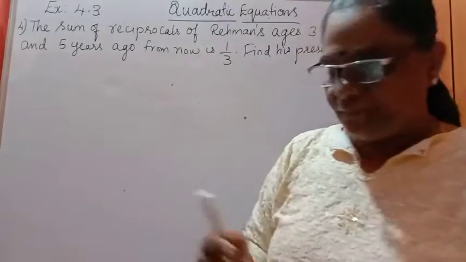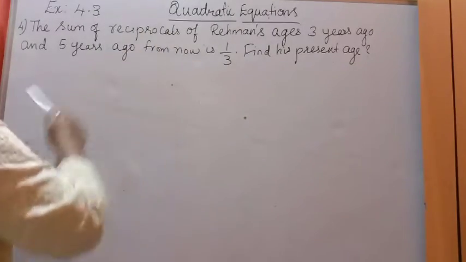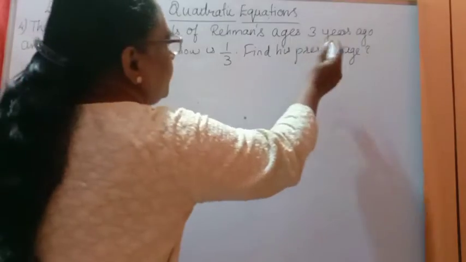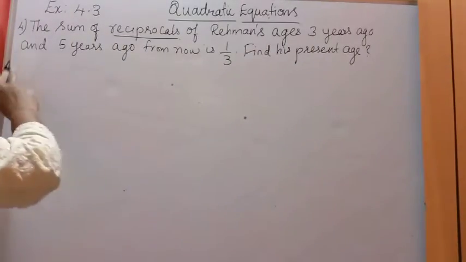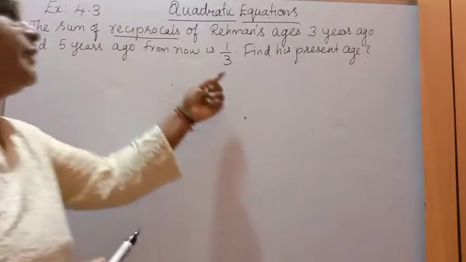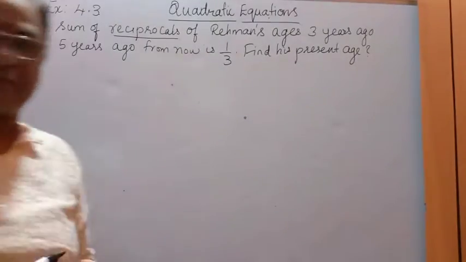So in this problem, they have given that the sum of reciprocals of Rahman's age 3 years ago and 5 years from now is 1/3. So what is his present age?